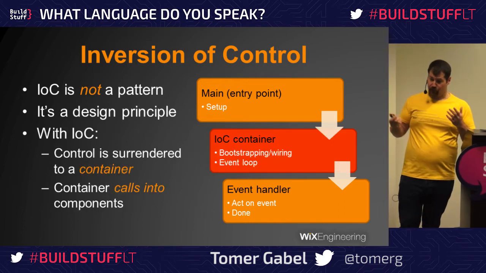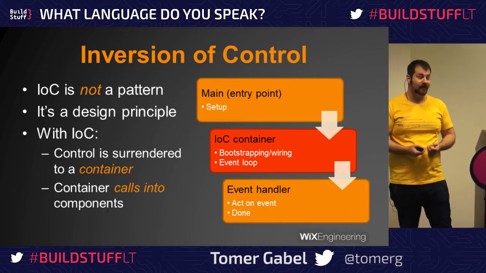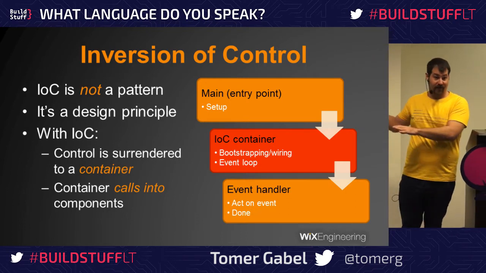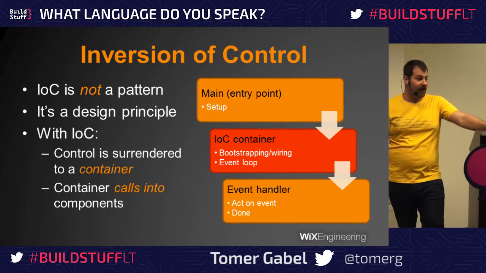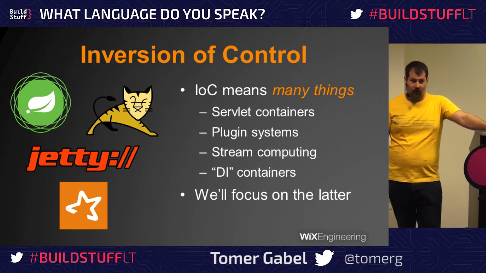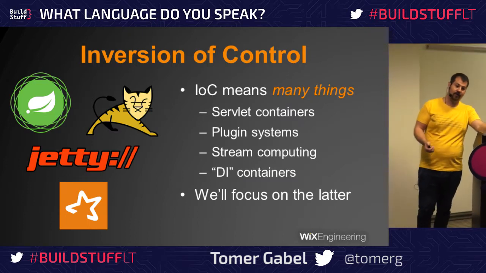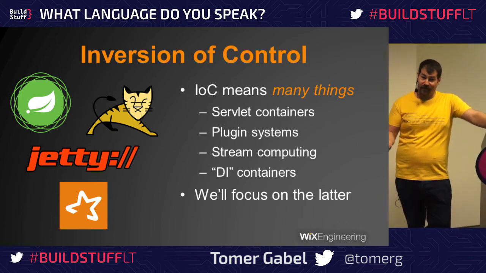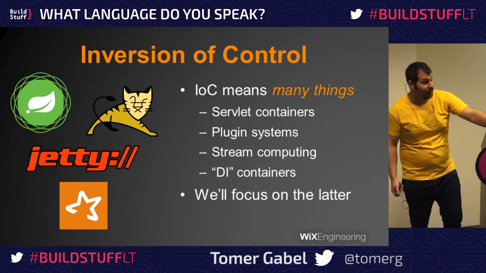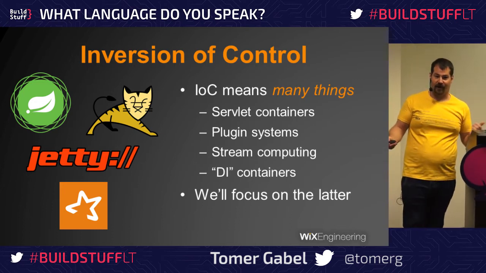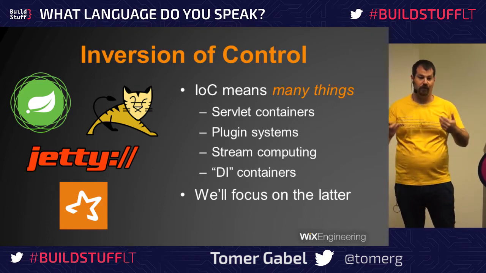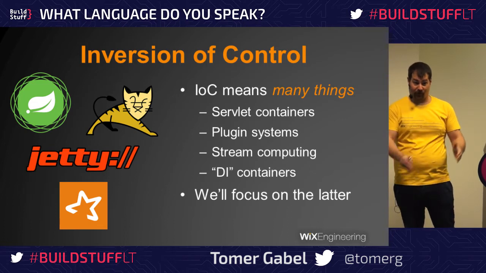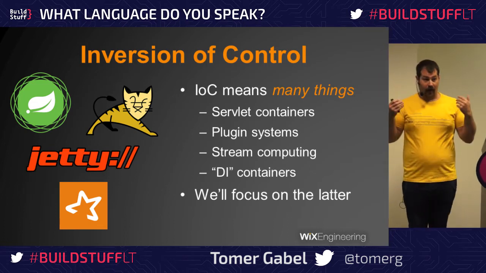So this is also a pretty simple concept in and of itself. It's not even a pattern as such. It's more like a way of doing things. And if you define it like this, in a very abstract way, it turns out that it can mean a whole lot of things. So your servlet containers, Tomcat, Jetty, whatnot, are inversion of control containers. Your plugin systems are inversion of control containers. Stream computing, in a sense, like if you use Storm or Spark or whatever, and you submit jobs for execution, the thing that has the control is the framework, and it calls into your code as needed.